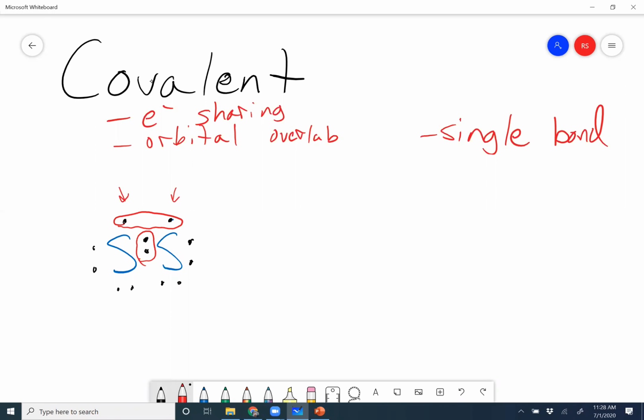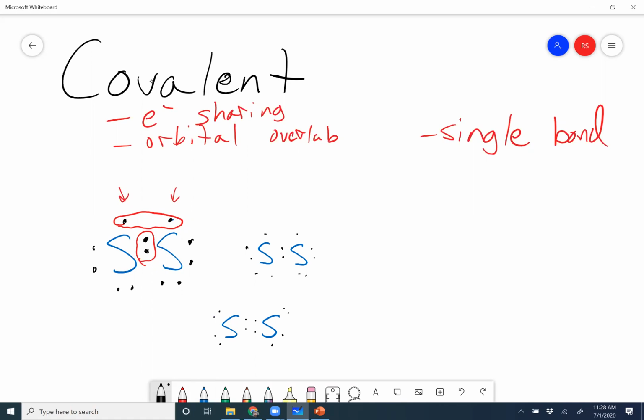If you Google Lewis dot diagram for sulfur, there's a couple ways you might see it. You might see it like this, where you just have the dots like that. Or you might see it like this. Both are right.